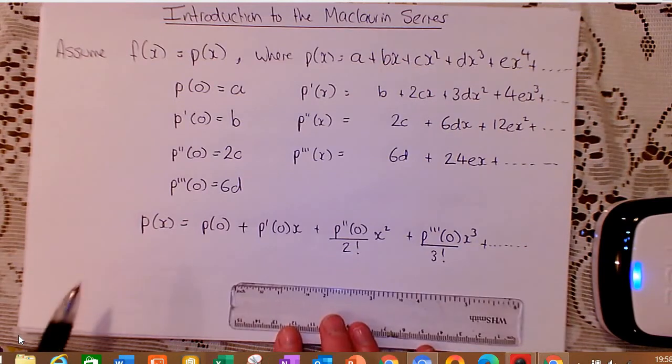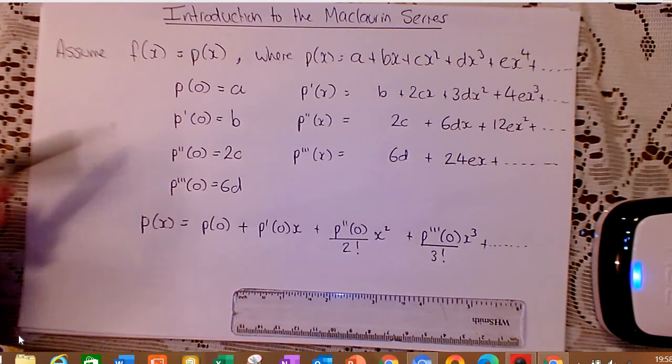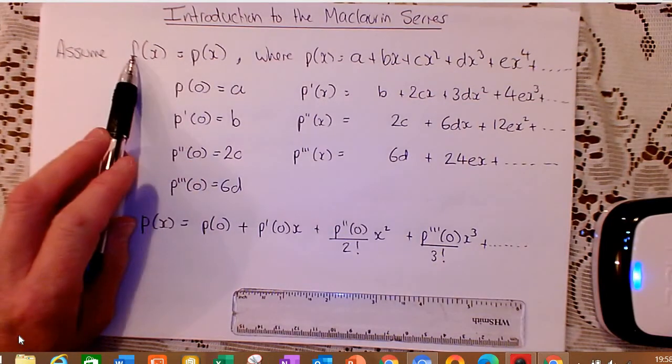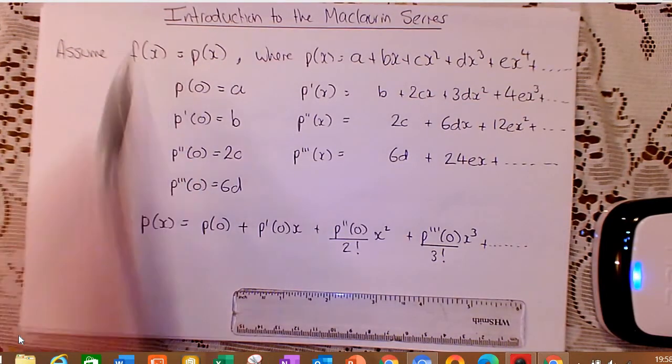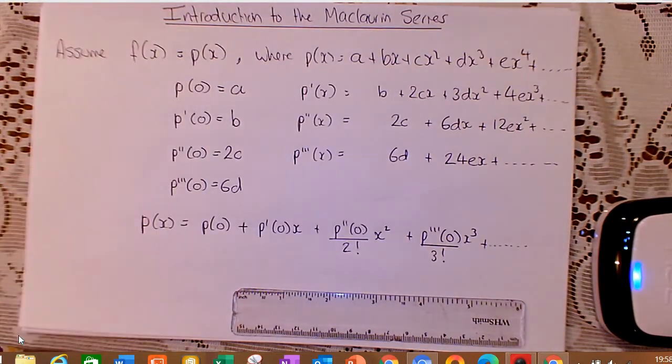And of course, all the way along, we've been saying that my polynomial is actually equal to the more complex function. So p of 0 is f of 0, p dash of 0 is f dash of 0.